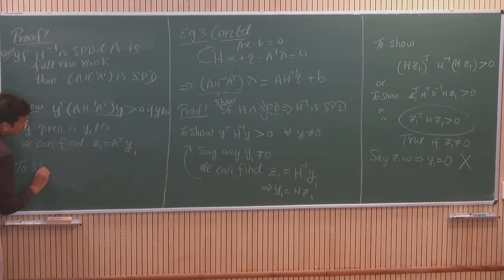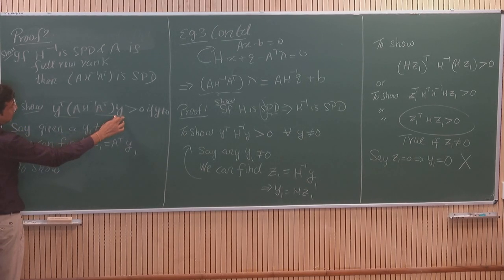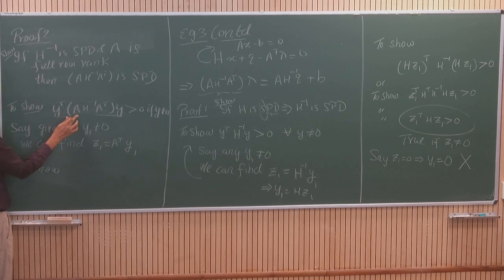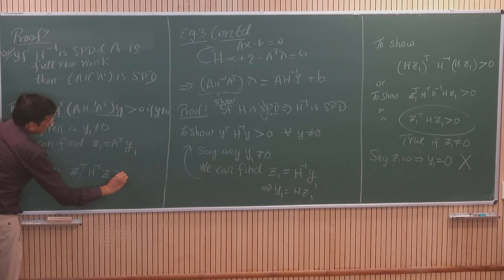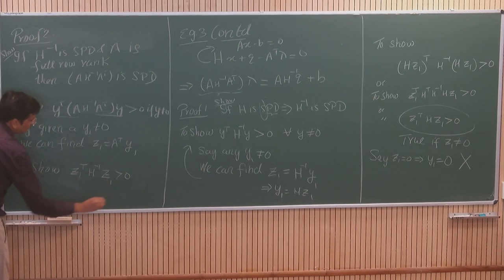So what do we have to show? A transpose y becomes z1. This y transpose A is (A transpose y) whole transpose, so that will be z1 transpose. To show z1 transpose h inverse z1 is greater than 0. Again, is this true?